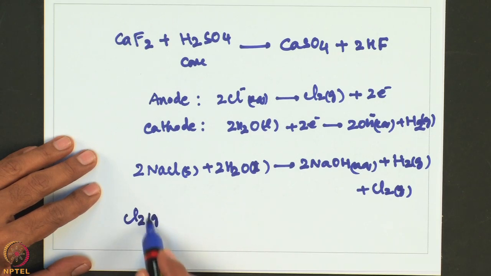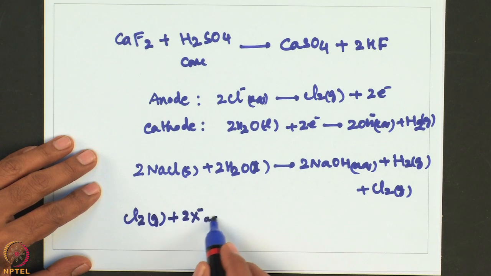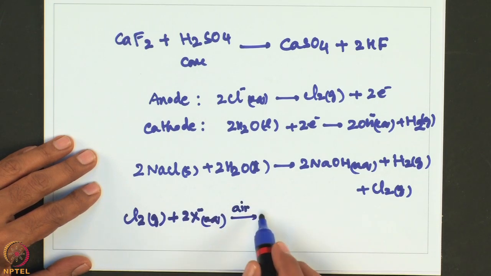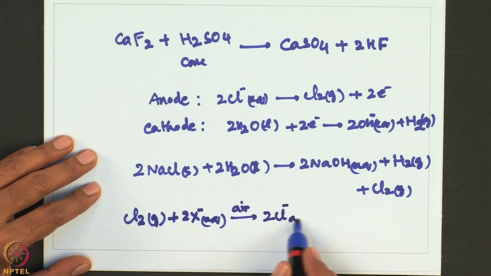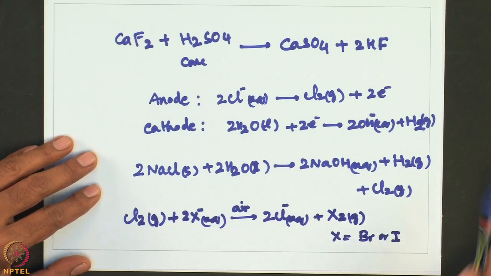The resulting bromine and iodine are driven from the solution in a stream of air. Of course, here X equals bromine or iodine.